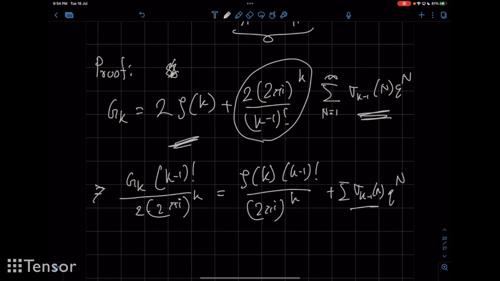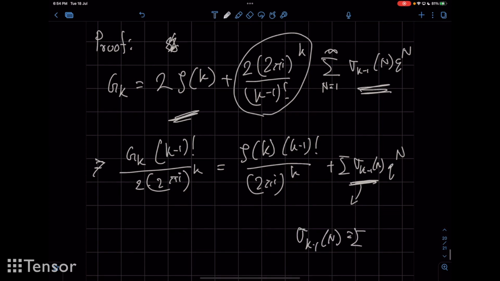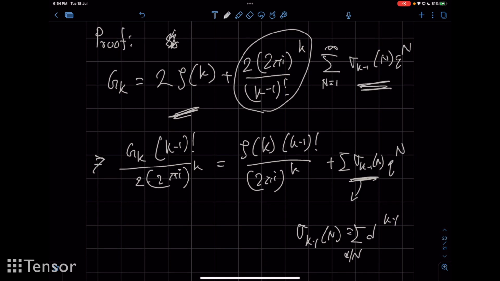And we know that these are integer valued functions, because sigma_{k-1}(n) is equal to the sum of d to the k-1, where d divides n. So this is of course a natural number.